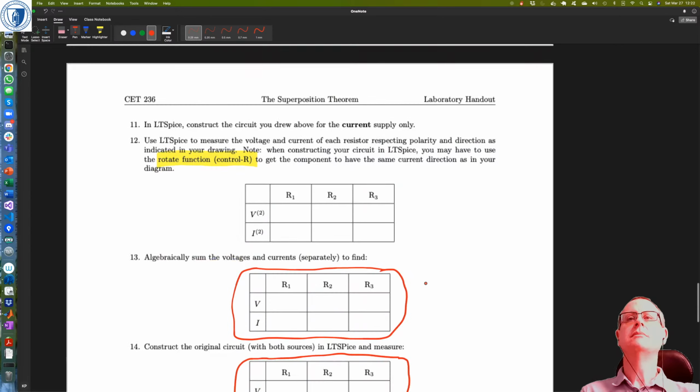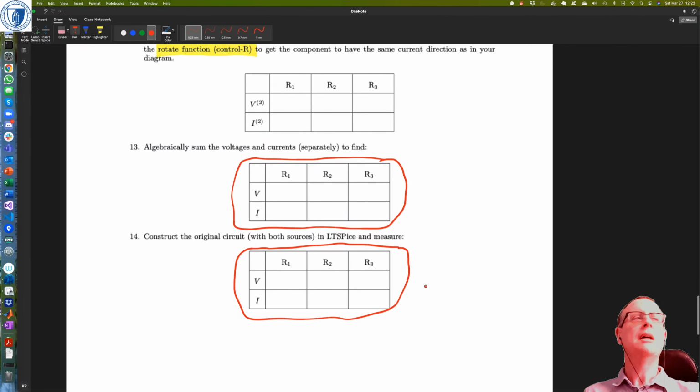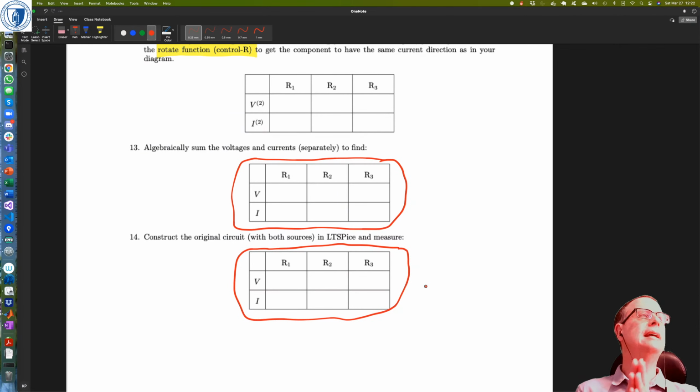Okay, there might be minor differences in terms of just significant figures, right? There might be minor differences, so that's okay, but they should roughly all be the same.